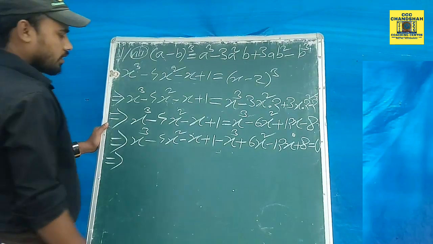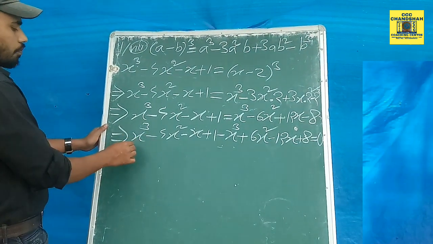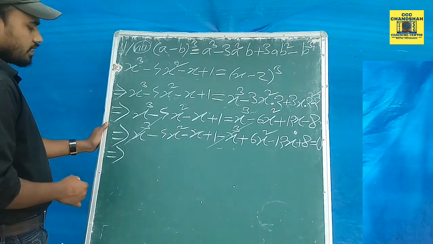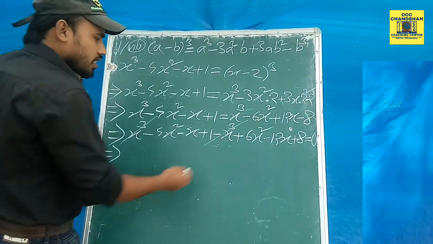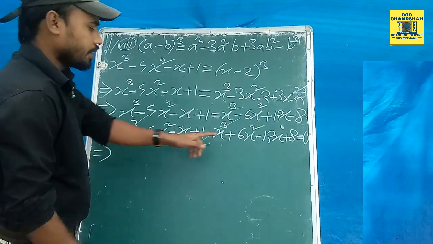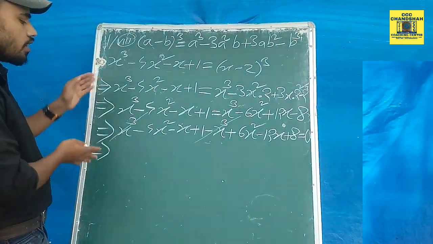Now cancel the like terms. x cube plus x cube and minus x cube are cancelled, and now 6x square is positive and 4x square is negative.